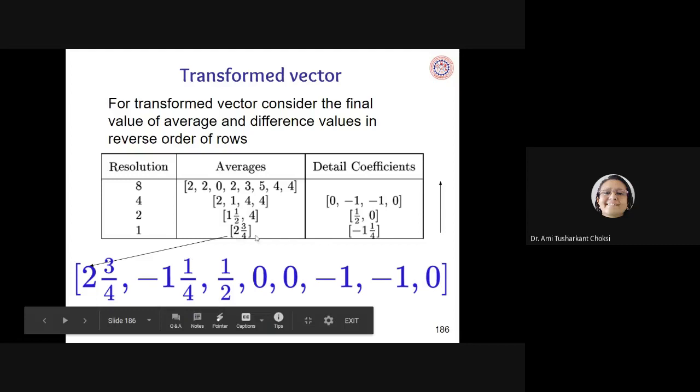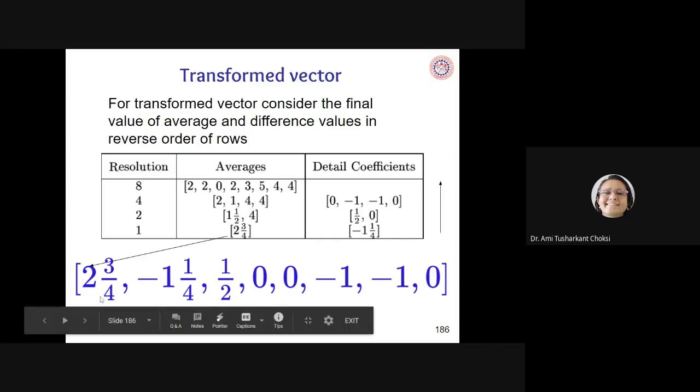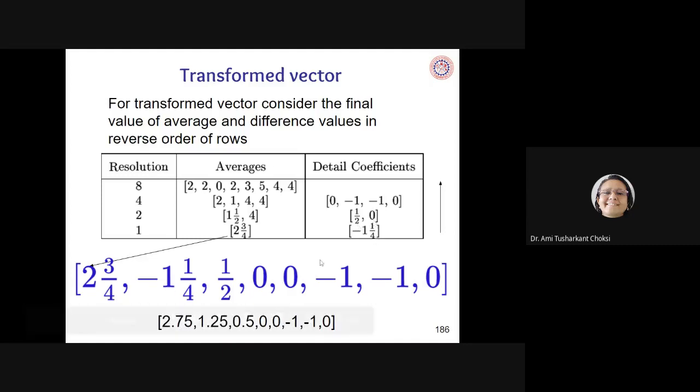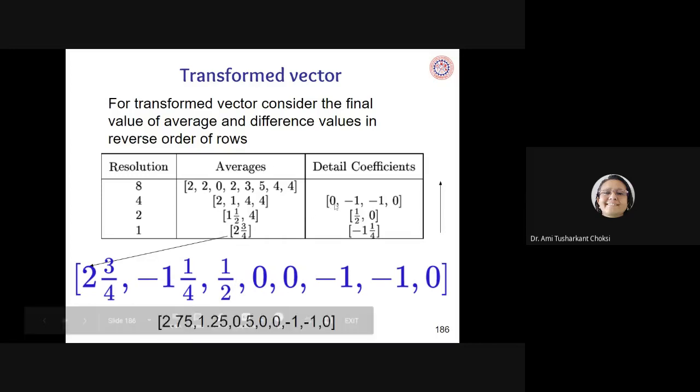Whatever is the last average we considered, that we write. After that, whatever are the coefficients, those we write: negative 1 and 1 by 4, then 1 by 2 and 0, and after that whatever coefficients are here, 0, minus 1, minus 1, 0.